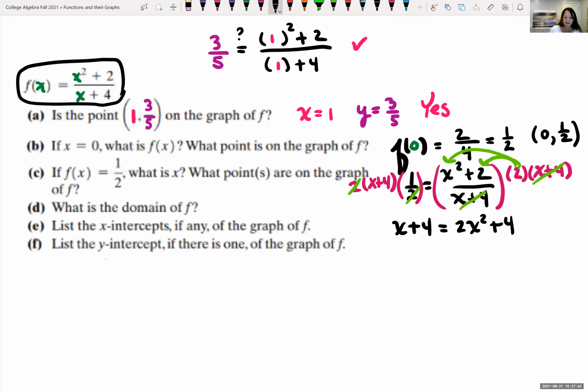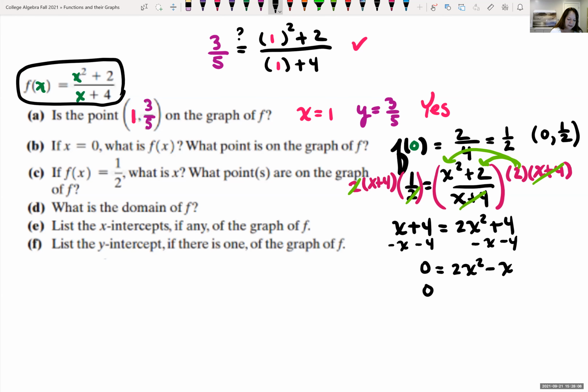So look at what type of equation we have. It's quadratic. So we want to get everything to one side of the equation and set it equal to 0. If I subtract x on both sides and subtract 4 on both sides, I get 0 equals 2x squared minus x, and my 4's cancel.